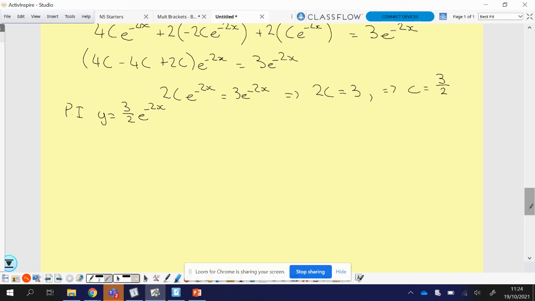So my general solution is y equals my complementary function plus the particular integral that I found.